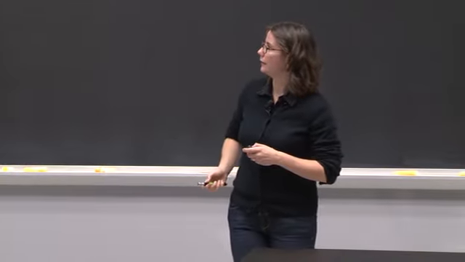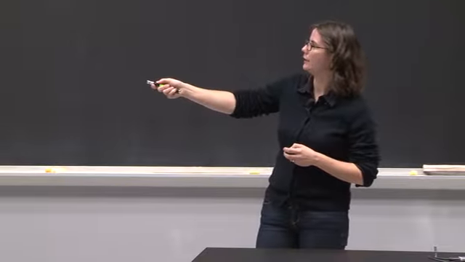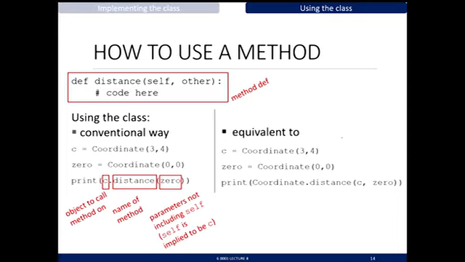An easier way to see what happens is by looking at what this line here is equivalent to. So the third line here, print c.distance(0), is equivalent to this one on the right. And this one on the right essentially says, what's the name of the class? Dot notation.